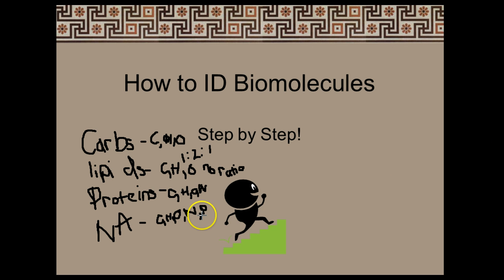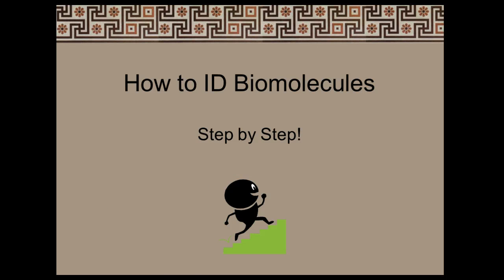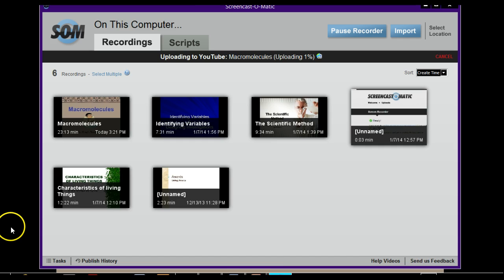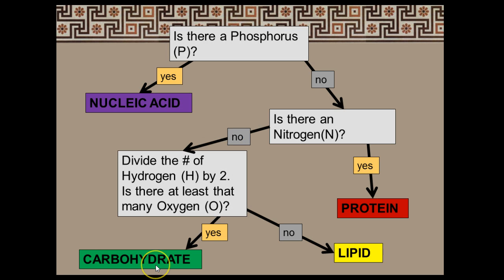So given this information, I've devised a chart to help us identify these easily. And this is what I came up with. When we talk about nucleic acids, they are the only ones that contain phosphorus.